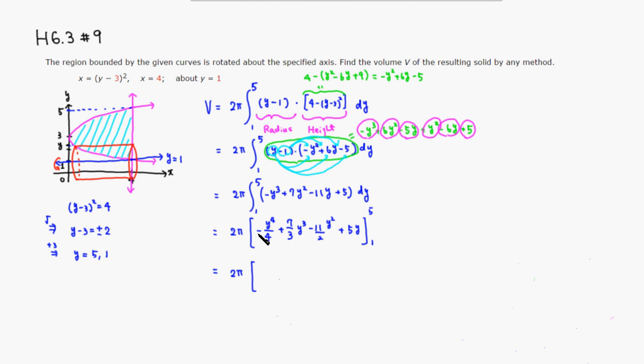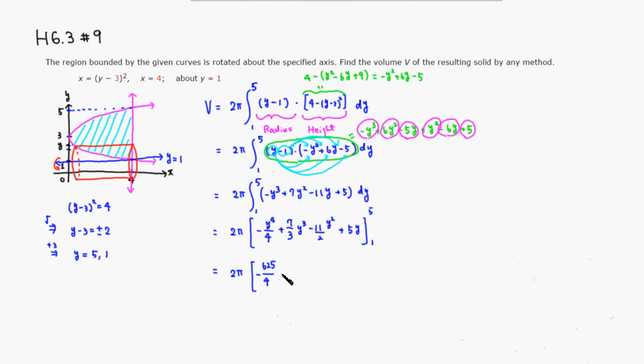So you have a 2 pi, plug in 5. If you plug in 5 here, it's going to be negative, over 4. And 5 times 5 is 25, 25 times 25 is 625.